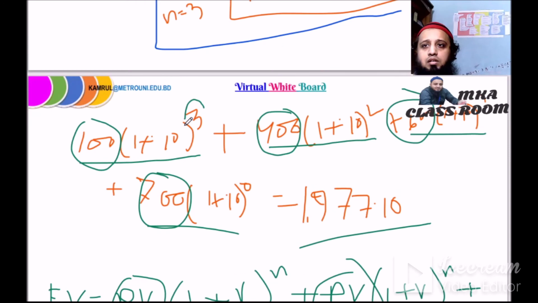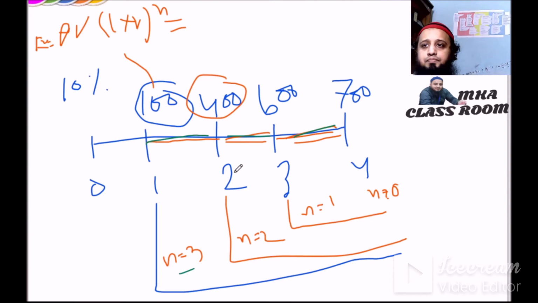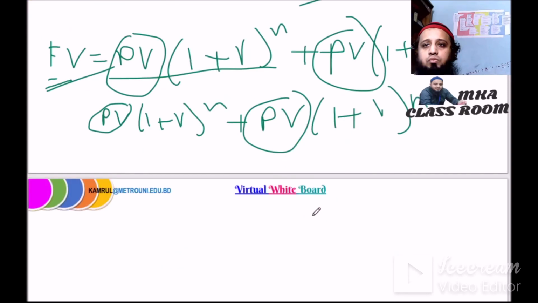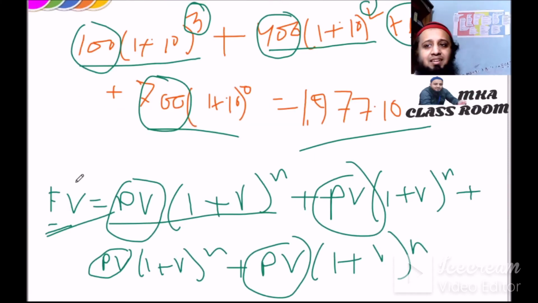And again we see the value of n: for 100 taka n equals 3, for 400 n equals 2, for 600 n equals 1, and for 700 n equals 0. In this way we can calculate the future value of a mixed stream.